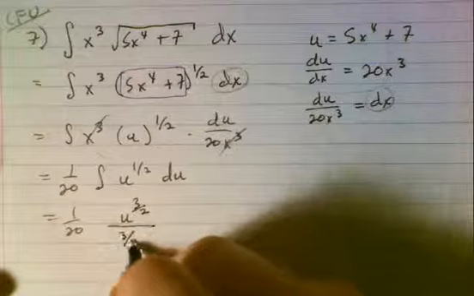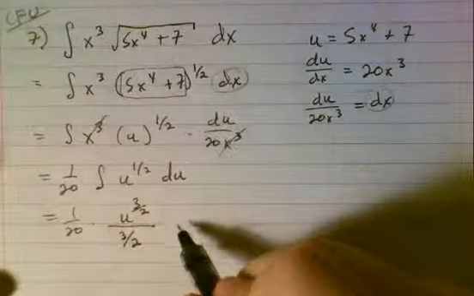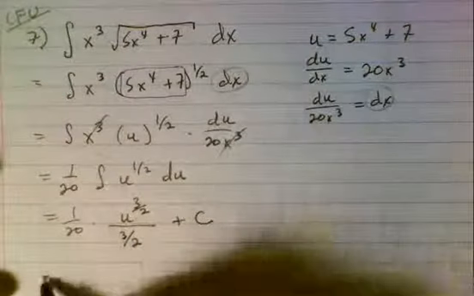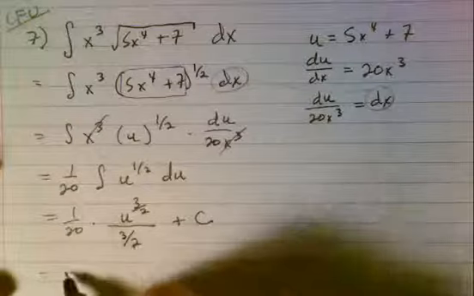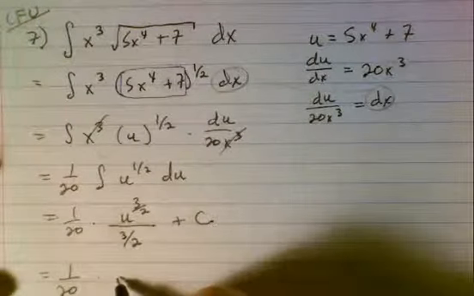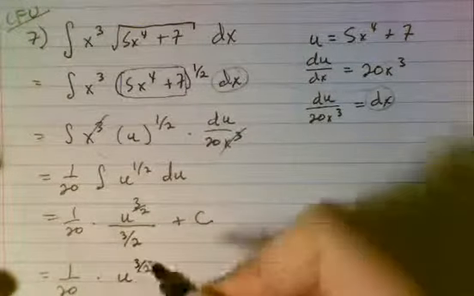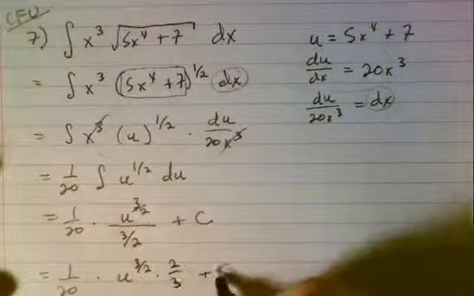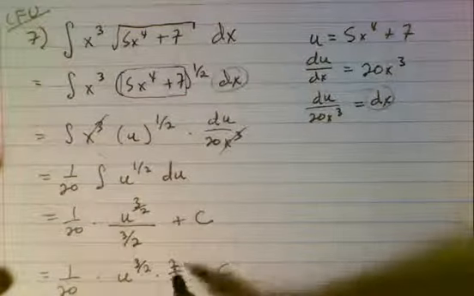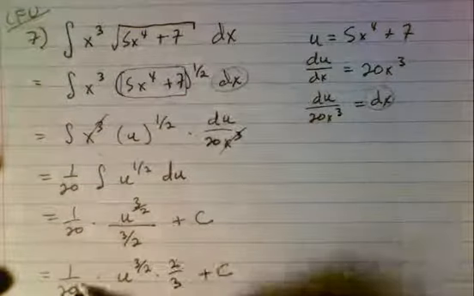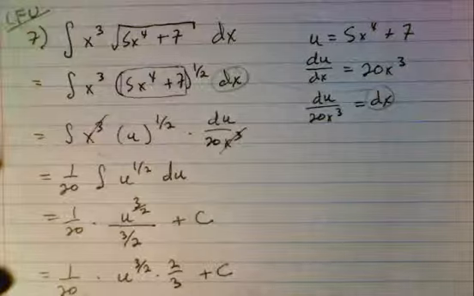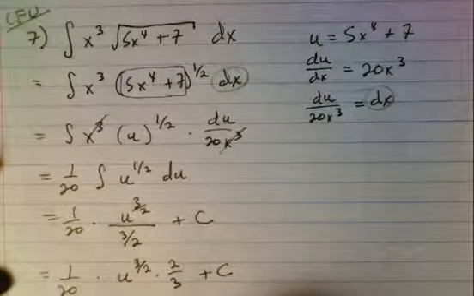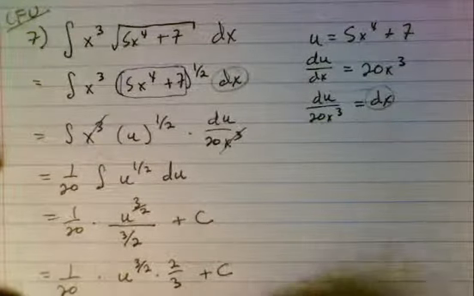Divide by the new exponent and add c. Dividing by a fraction is the same as multiplying by a reciprocal. And this 2 and that 20 cancel out, so this is 1/10. 10 times 3 is 30, so it's 1/30th.